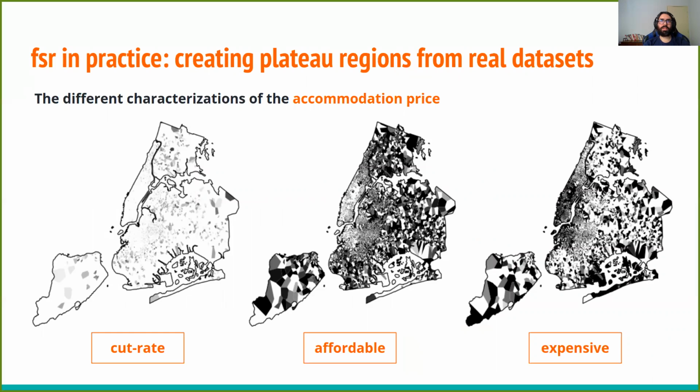Note that we have one plateau region object for each linguistic value. For instance, this object represents the cut rate accommodations. This one represents the affordable accommodations, and this one represents the expensive accommodations.